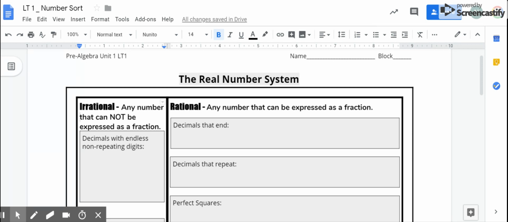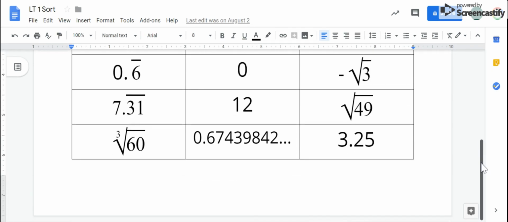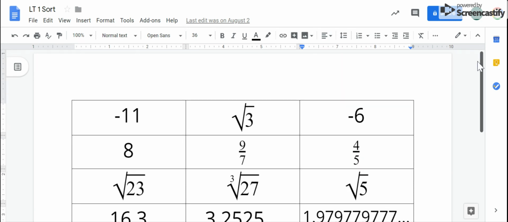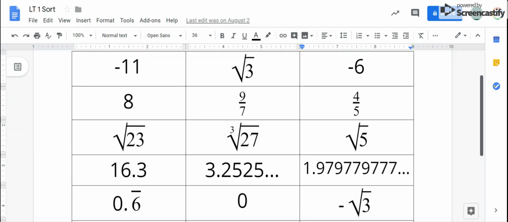Now, today the students had a card sort. They were given a bunch of pieces that were cut out of different numbers, and they had to sort them into groups. Now the groups they came up with, there was a variety of them, so they came up with that on their own, but here were the numbers that were given to them.